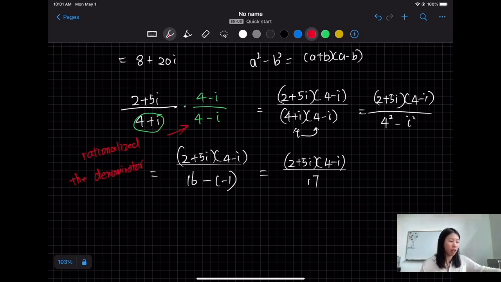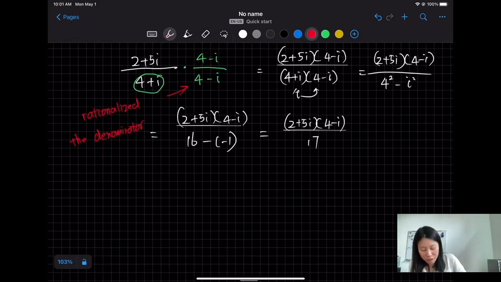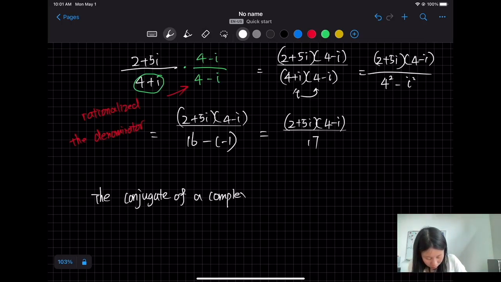Okay, so what is the conjugate? The conjugate of a complex number a plus bi is a minus bi.